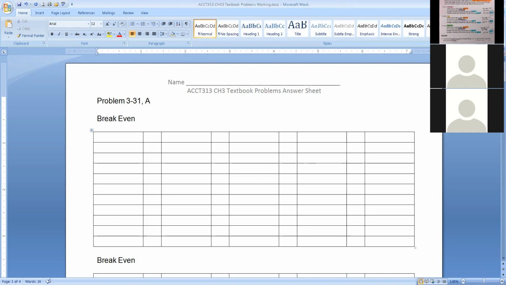All right, so what we're going to do here is take the information from this sheet over here. We're going to see the break even for the first country up, which is Portugal. Let me say sales.